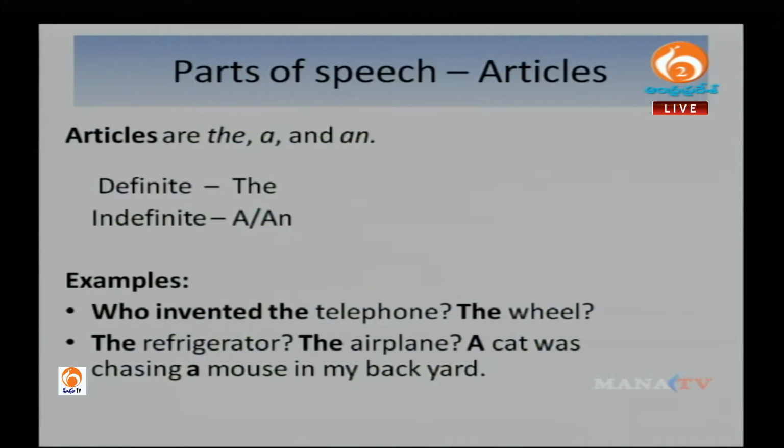We have a few examples over here. Who invented the telephone, or who invented the wheel, right? When I'm saying the telephone over here, I'm sure you understood that I'm talking about the telephone on the whole. The whole invention that I'm talking about is the telephone, or the entire invention of the wheel.